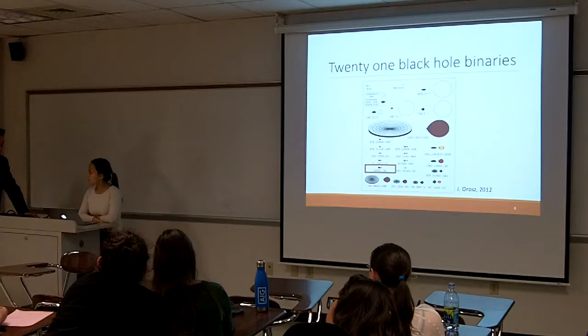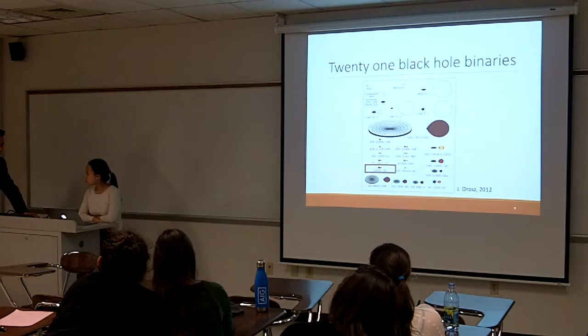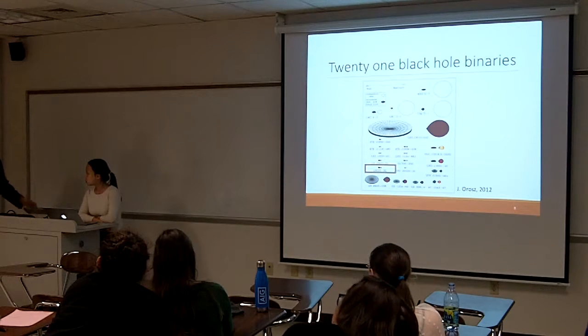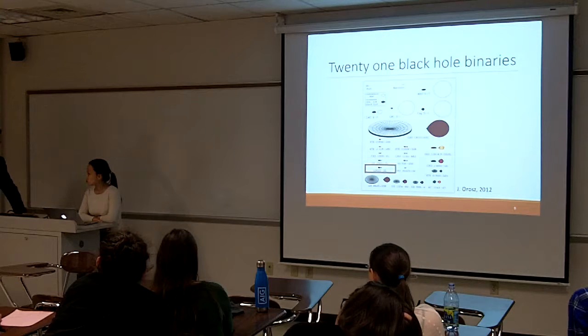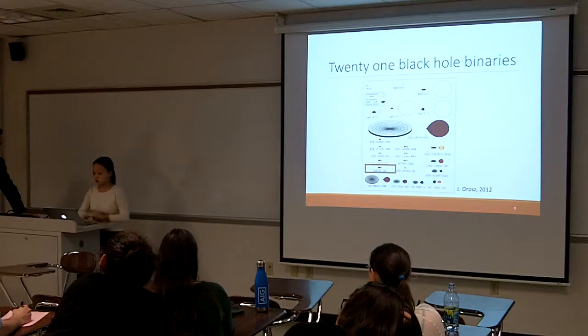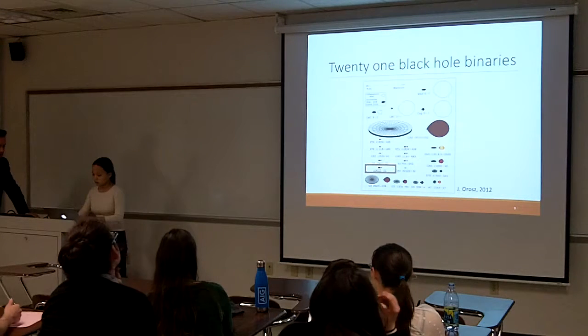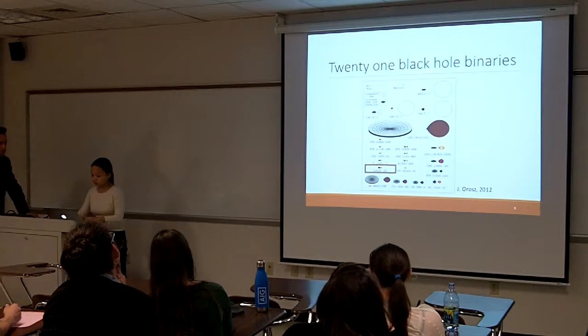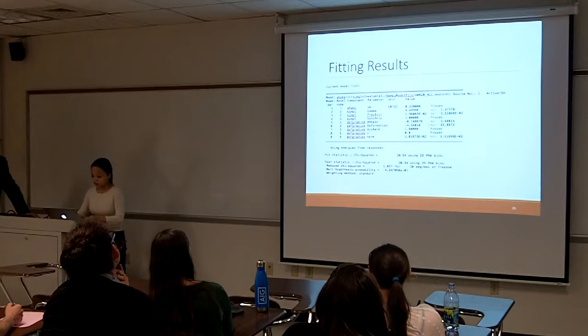Well, do you know what the mass infall rate is for this system? How much matter is falling into the black hole per second or per year? I think it's the accretion rate, right? Yes, so what is the accretion rate for this system? I think it's here.